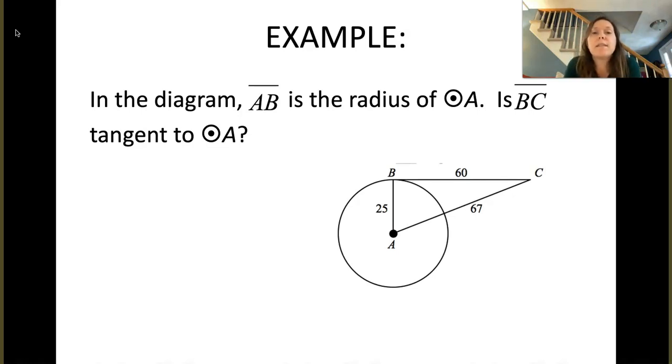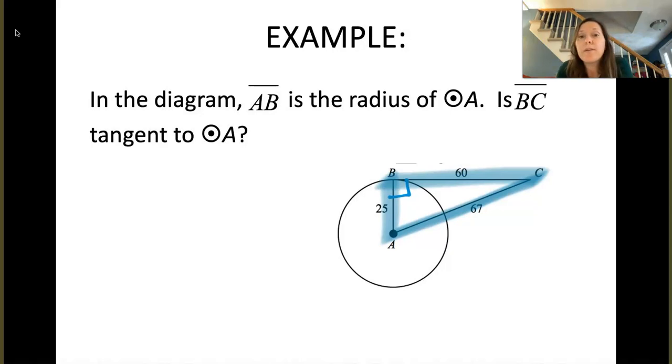In the diagram, AB is the radius of circle A. And the question is, is BC tangent to circle A? If it was tangent, this would need to be a right angle, which means this would need to be a right triangle. How do we determine whether it's a right triangle?